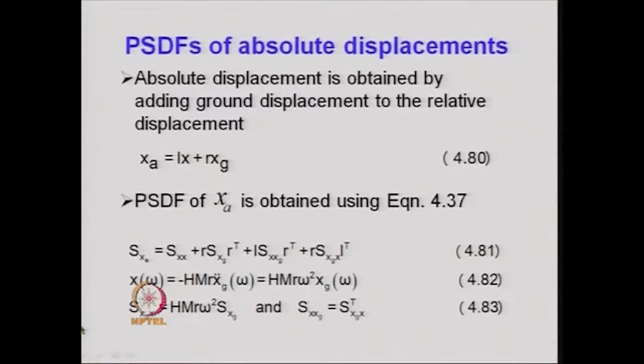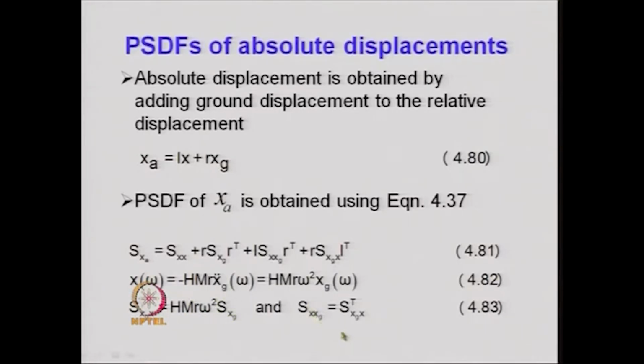First we obtain the cross power spectral density function between the excitation and the displacement using this standard expression, in which Sx double dot g is replaced with the help of Sxg by multiplying it with omega square.